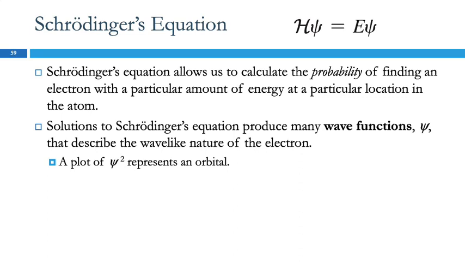But this allows us to calculate the probability of an electron with this energy being in this place. The solutions to this equation are wave functions, and these describe the wave-like nature of the electron. If we take one of those wave functions and square it and plot that out, that gives us the shape of the orbital.